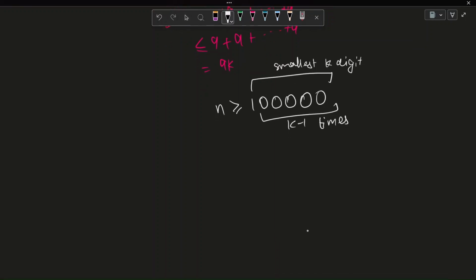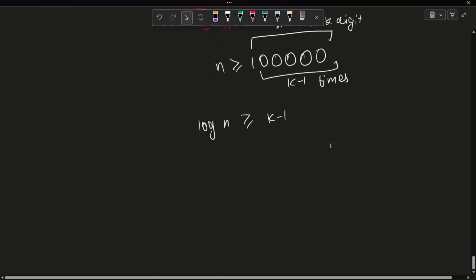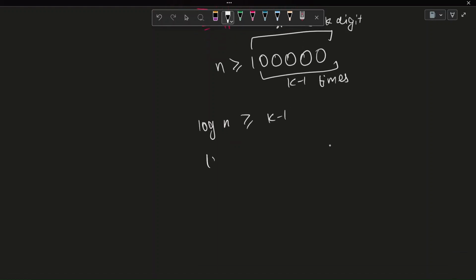If we take log both sides, because log is an increasing function, log n is greater than or equal to log of this number, which is 1 followed by k minus 1 zeros, so this is precisely k minus 1. So what we get is log n plus 1 is greater than or equal to k.